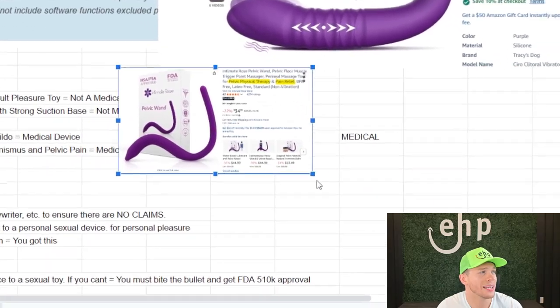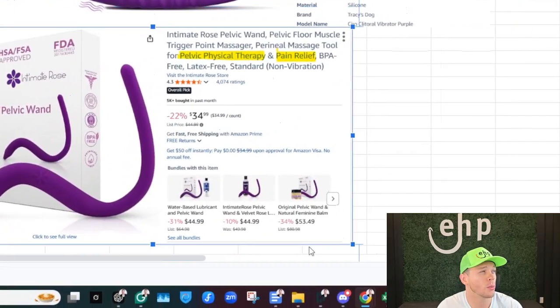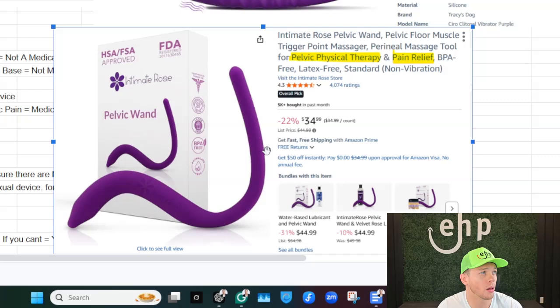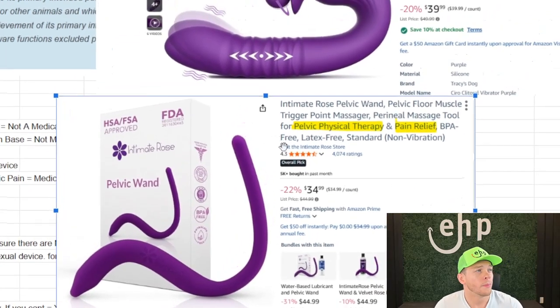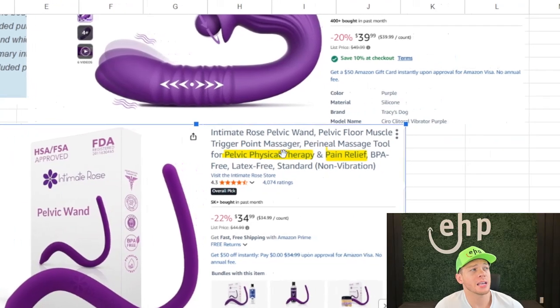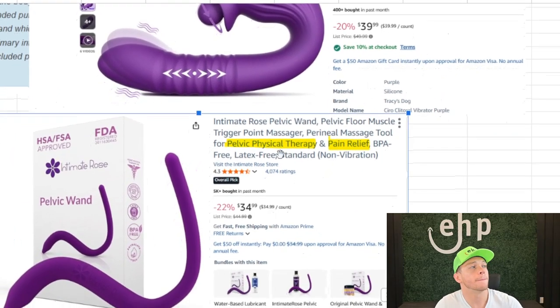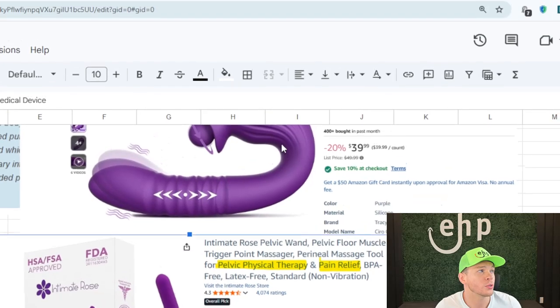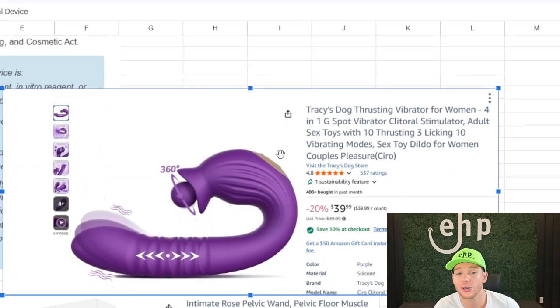Now, this one is a medical device. They do make a vibrating one as well. Pelvic floor muscle trigger point massager, perineal massage tool for pelvic physical therapy and pain relief. So those keywords, it's for helping you with some type of disease or pain, so this one's literally just for personal pleasure, which is completely fine.